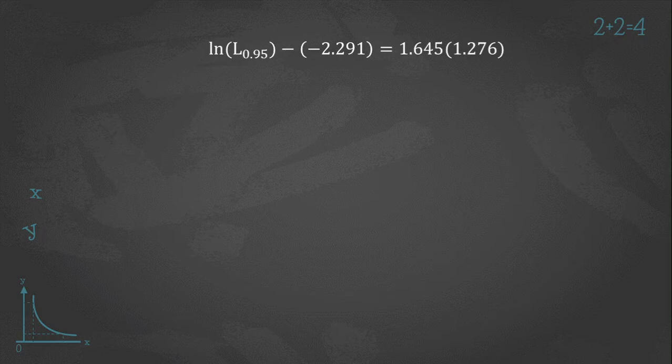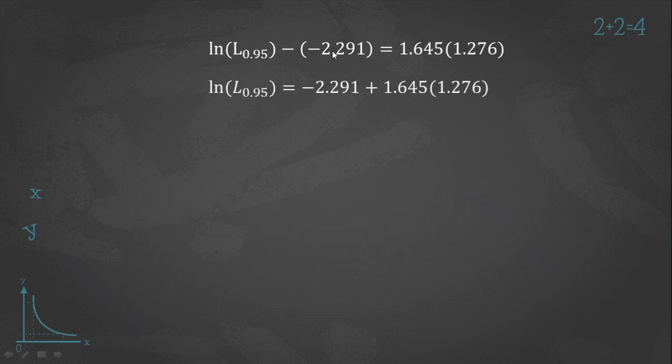So, isa-solve natin yung nag-up tayo na equation. So, cross-multiply natin yun. We will get ln of L subscript 0.95 minus negative 2.291 is equal to 1.645 times 1.276. So, i-transpose lang natin to sa kabila.